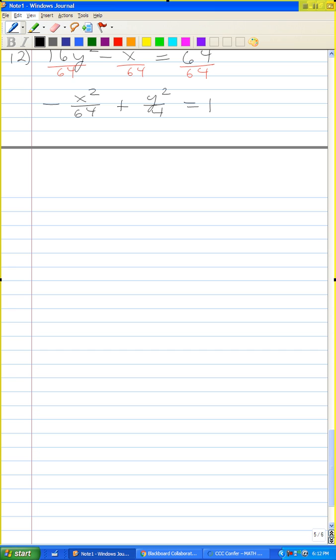In this case, the center is at the origin. A is equal to 8, since the square root of 64 is 8. B is the square root of 4, which is 2. C squared is 64 plus 4, which is 68.